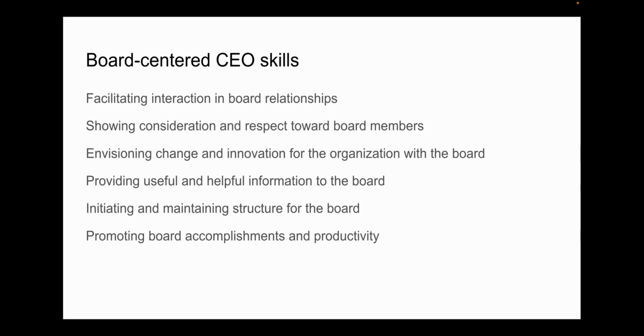Second, showing consideration and respect toward board members. Third, envisioning change and innovation for the organization with the board. Fourth, providing useful and helpful information to the board. Fifth, initiating and maintaining structure for the board. And finally, promoting board accomplishments and productivity.